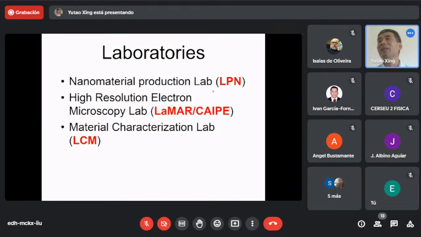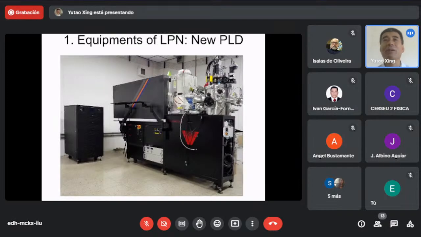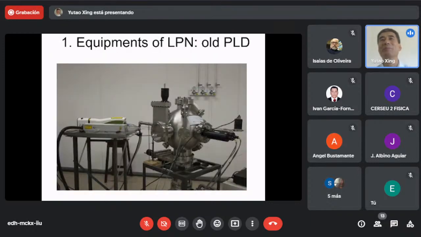So we have 3 labs in our group: the Nanomaterial Production Lab, RPN; the High Resolution Electron Microscopy Lab, which we call LAFMAT; and the Material Characterization Lab, LCM. We have different facilities installed. One example is the new pulsed laser deposition, which we call new because we have an old pulsed laser deposition.